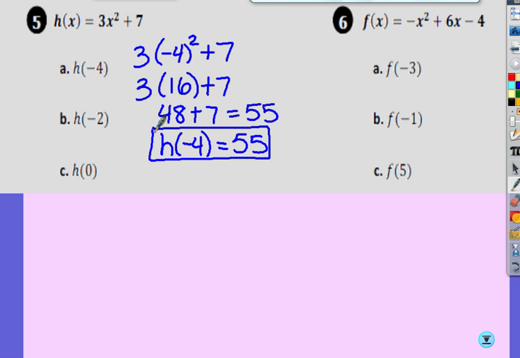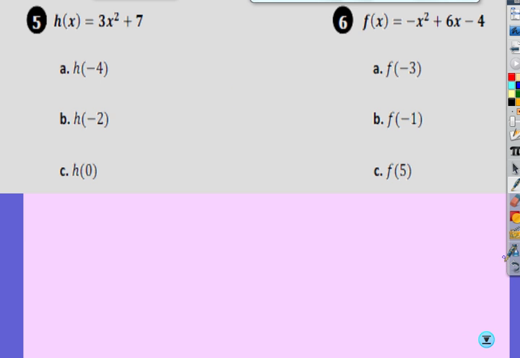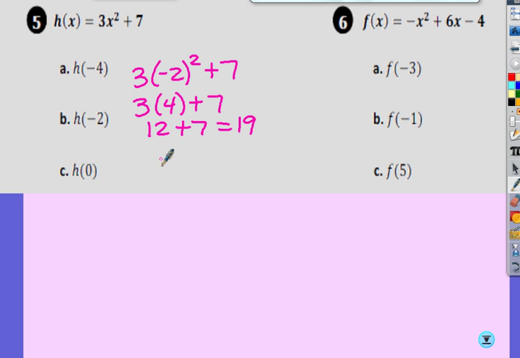Go ahead and try letter B and C. When you evaluate h of negative 2, you should come up with 19.